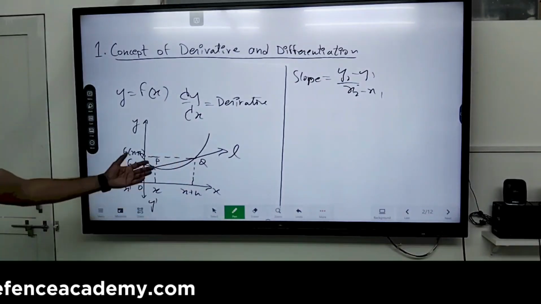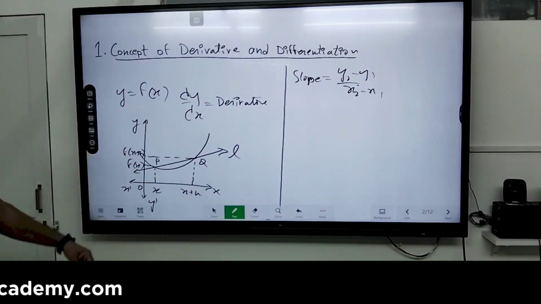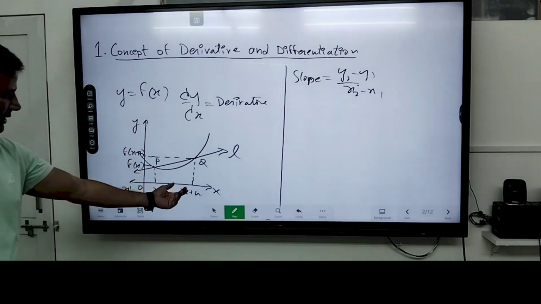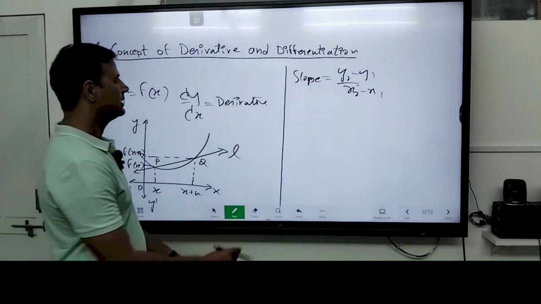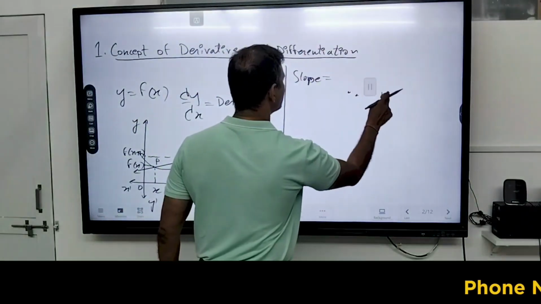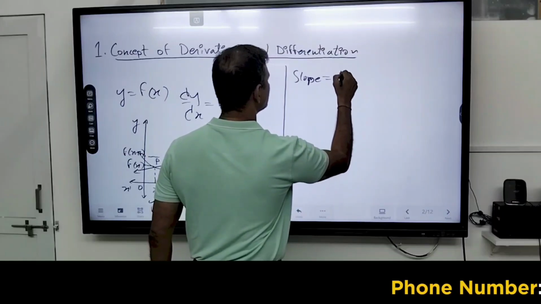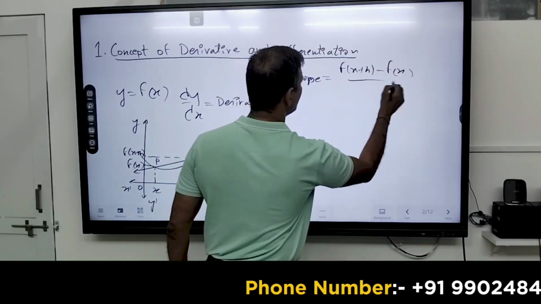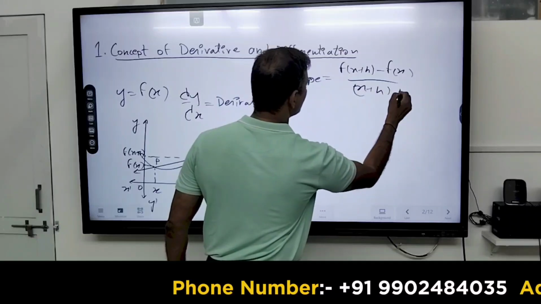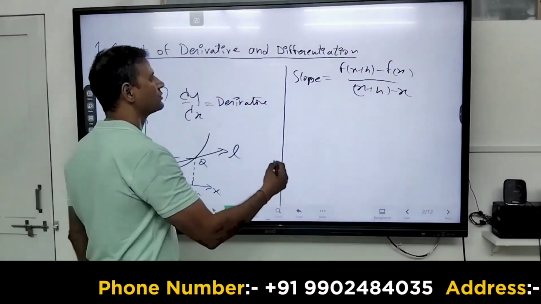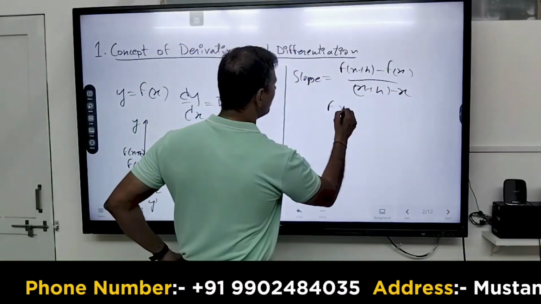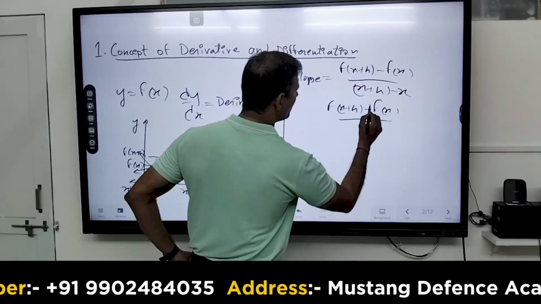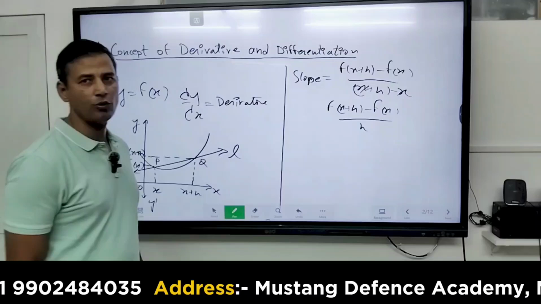Here y2 is f of x plus h, y1 is f of x, x2 is x plus h, x1 is x. So this is f of x plus h minus f of x upon x plus h minus x, which is f of x plus h minus f of x, the whole upon h. So this is the slope.